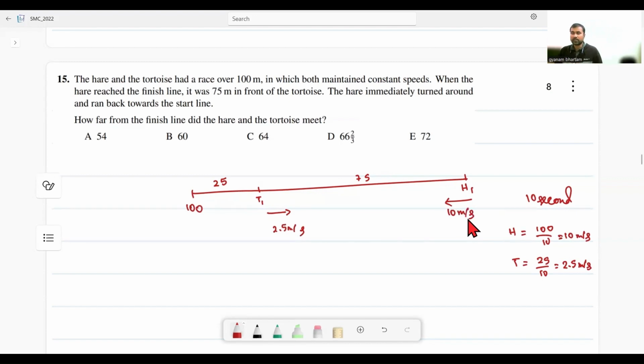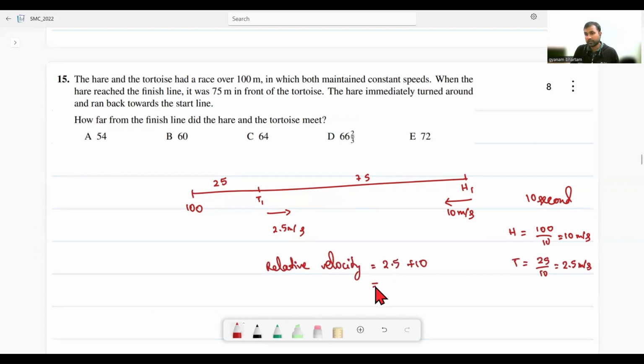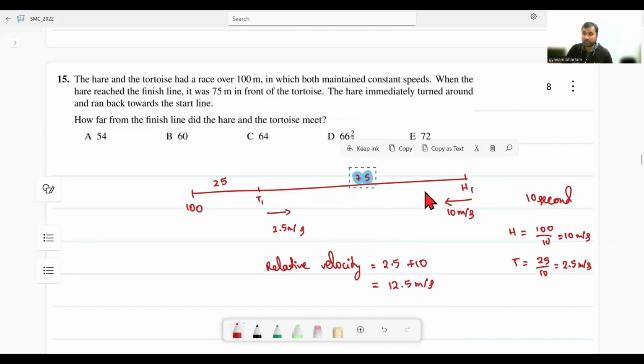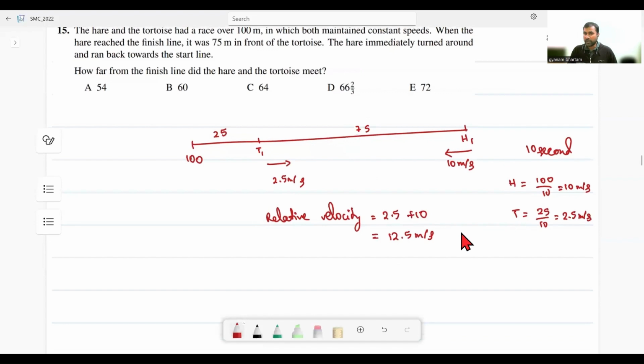Either you can use the relative velocity. Relative velocity is going to be, add them, 2.5 plus 10, which is going to give 12.5 meters per second. And how much distance do we have to cover? 75. So we'll find the time. So the time will be 75 over 12.5.